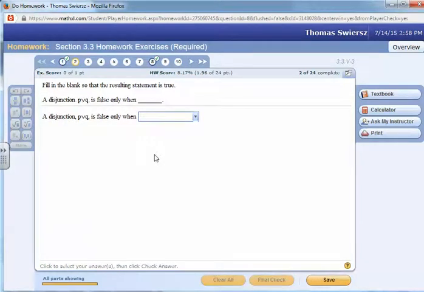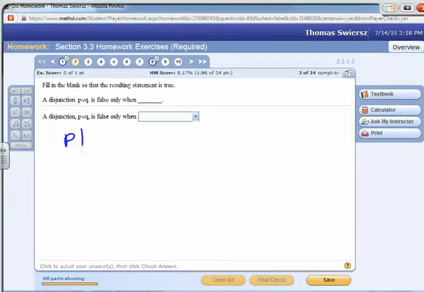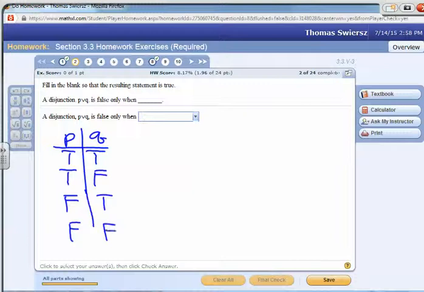The disjunction P or Q is false only when, now again, the definition of P or Q, P, Q. We have again true, true, true, false, false, true, or false, false. The definition is that P or Q, the V, looks like a V, is only false when both P and Q are false, in the fourth line.